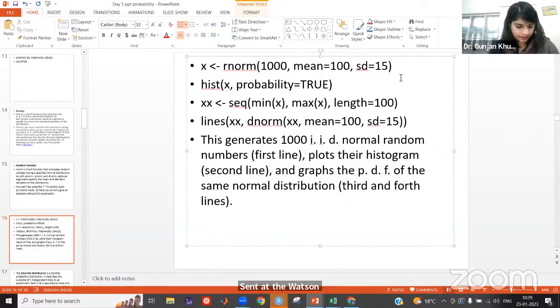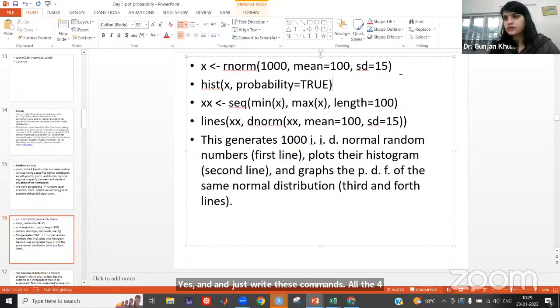Please see WhatsApp and just write these commands, all the 4 commands, just write them, run them later on. Run them on selection or by bringing the cursor to the right or left of the line which you want to run. Actually, we can't cut and paste, we need to write. Yes, you write it here because it's very little, so you may write.